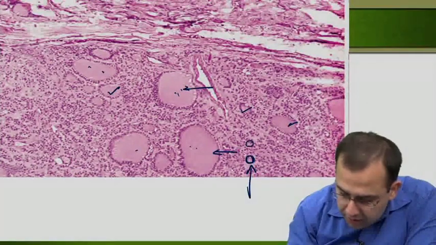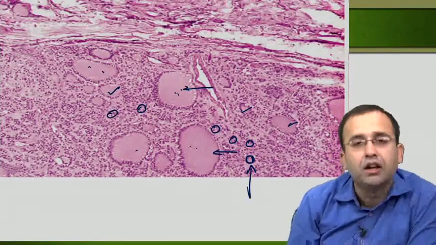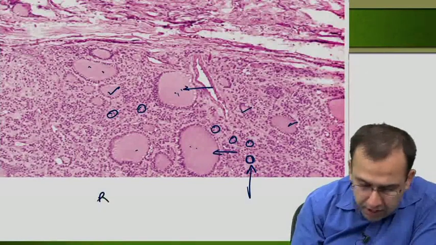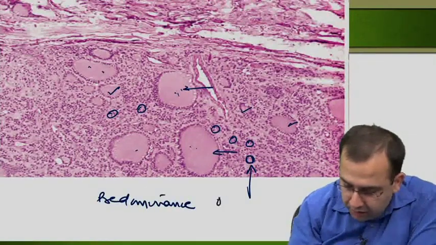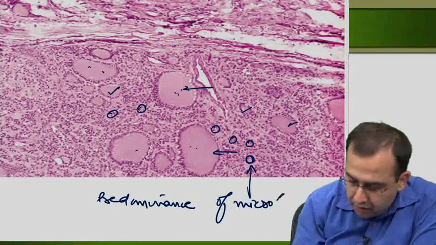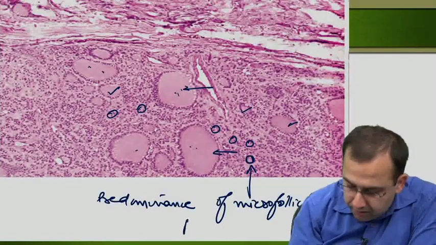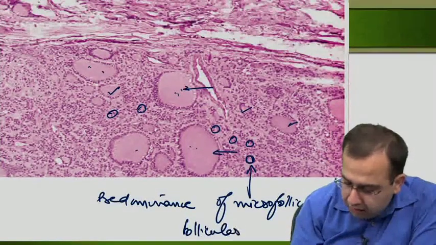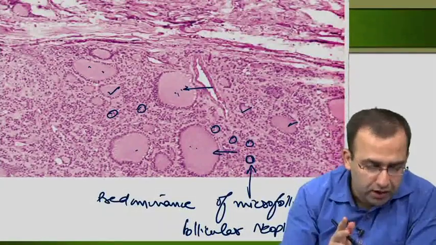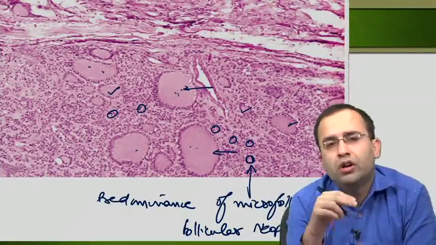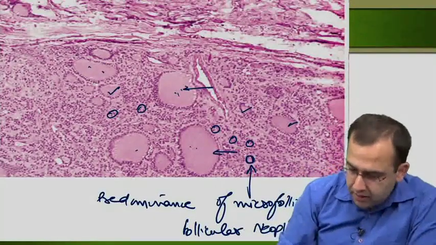Are you able to make out these small follicles with colloid inside it? Predominance of microfollicles, that is follicular neoplasm. I do not know whether this is follicular adenoma or carcinoma. For that I need capsular invasion or metastasis.